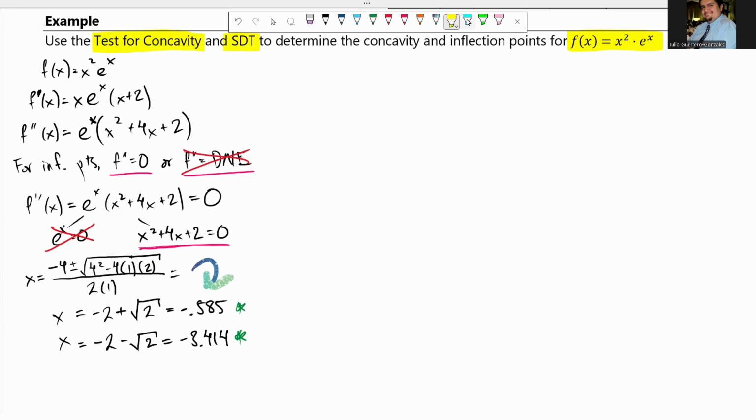The test for concavity is the one that's more explicit for how to determine behaviors of a function. The second derivative test, for the most part, just confirms some stuff from your first derivative test. That's it. So that's why I want to do the more useful one last. The first one I'm going to do is the second derivative test.